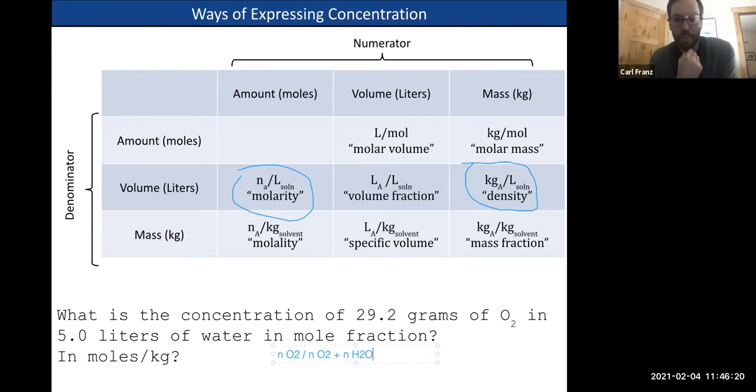And then moles per kilogram, what's that? That's molality, right? So again, we already have our moles that we've figured out for 29.2 grams. We just convert liters to kilograms. And we would have converted the liters to grams initially to get our moles.